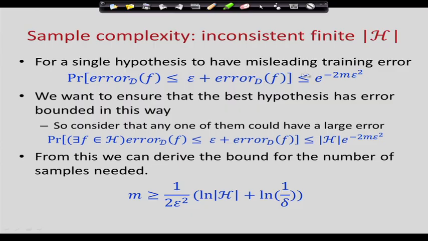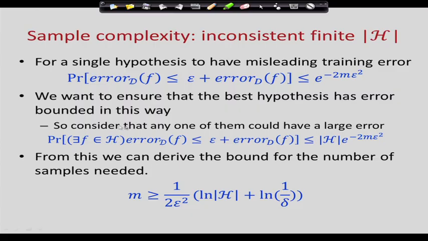And we will find out that if m is the number of training examples with respect to which you have tested, you have come up with the hypothesis, then this probability is less than or equal to e to the power minus 2m epsilon square. And we want to ensure that the best hypothesis that our algorithm outputs has error bounded in this way.